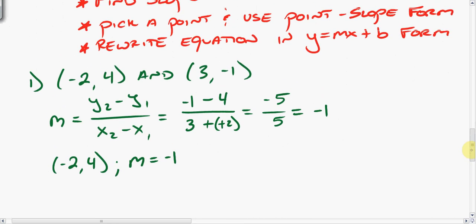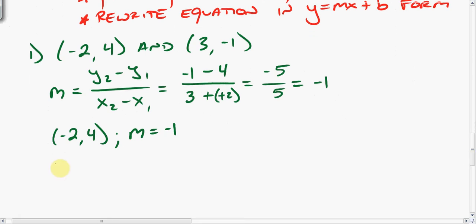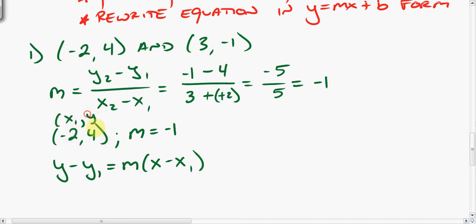Alright, and I'm going to want to write my equation in point-slope form. So if you remember, point-slope form is y minus y1 equals m times the quantity x minus x1, where our point, the ordered pair, is taking the form x1, y1.